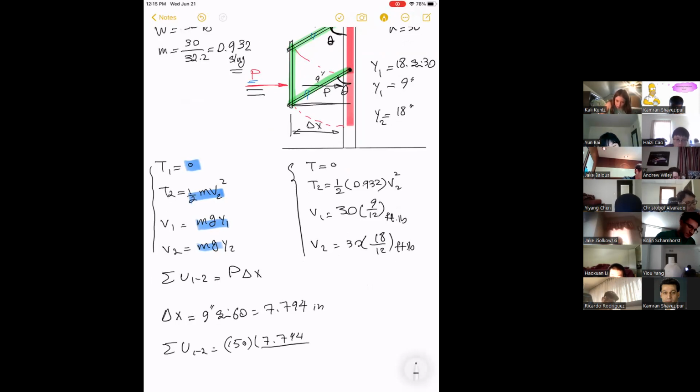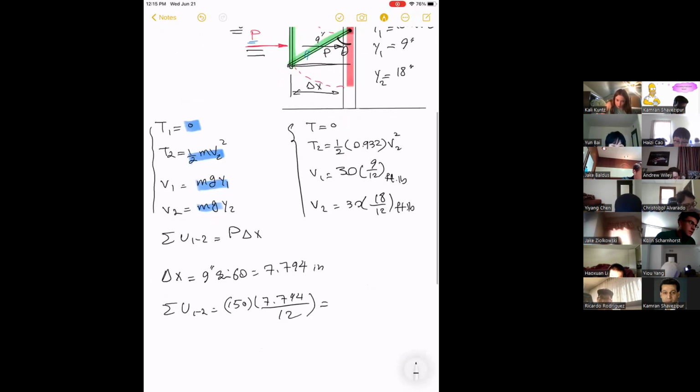Again, this is in inches, so we divide it by 12. And if we do that, please do the calculations yourselves because, as I said, I use my phone, not the best thing.